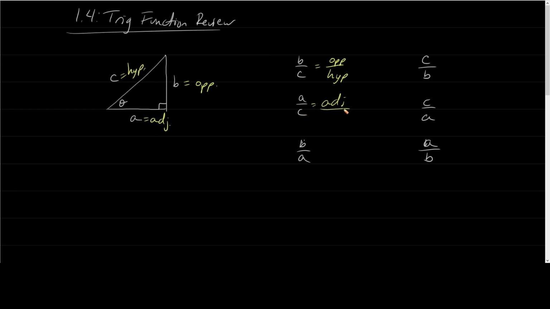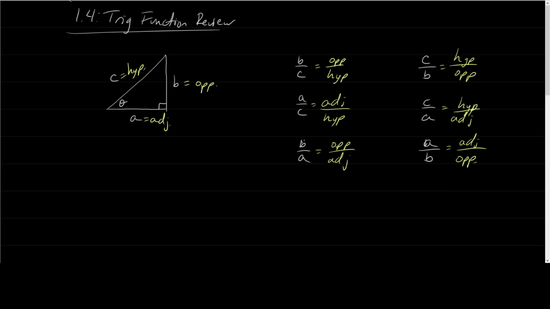Over here, we have adjacent over hypotenuse, and B over A, that's opposite over adjacent. Over here, C over B, that's a reciprocal of these, so it would be hypotenuse over opposite. It would be hypotenuse over adjacent, and adjacent over opposite.